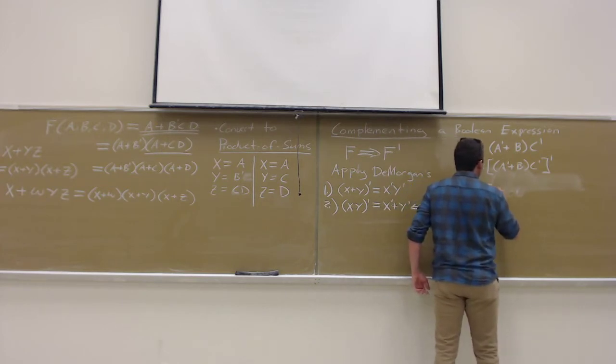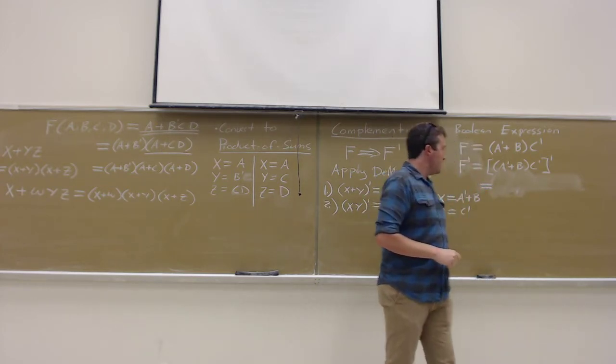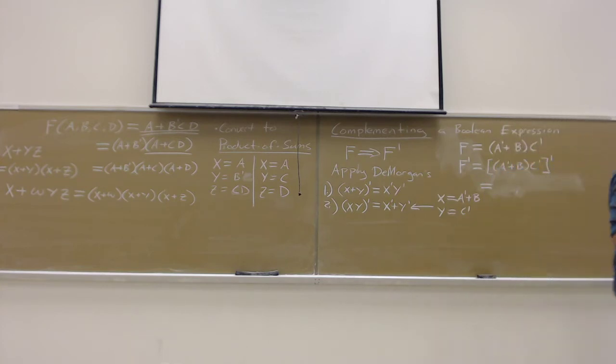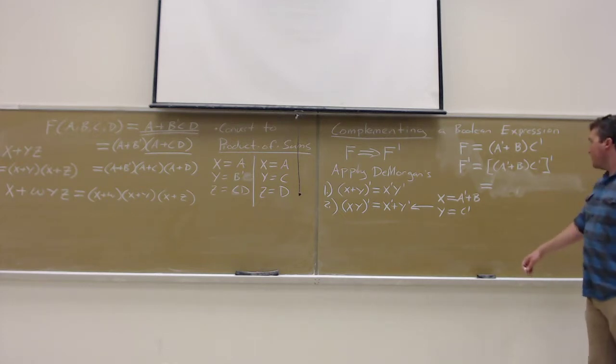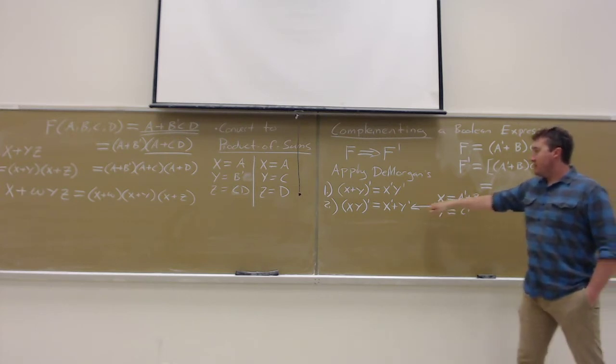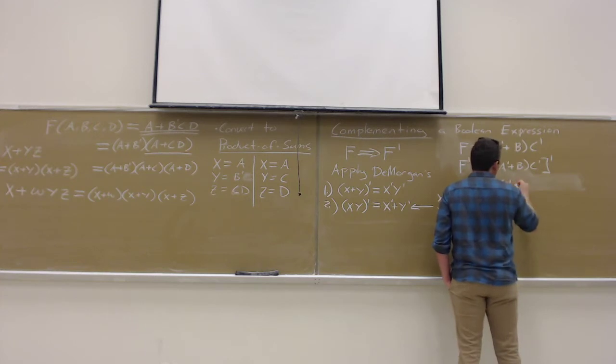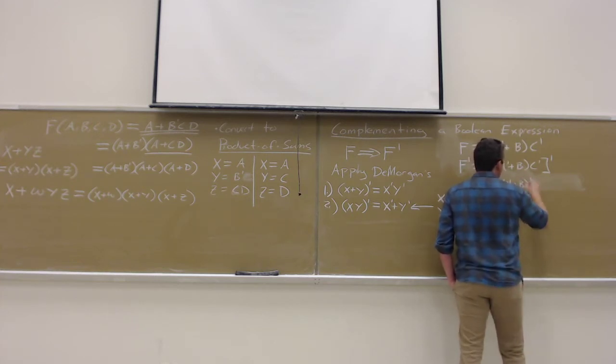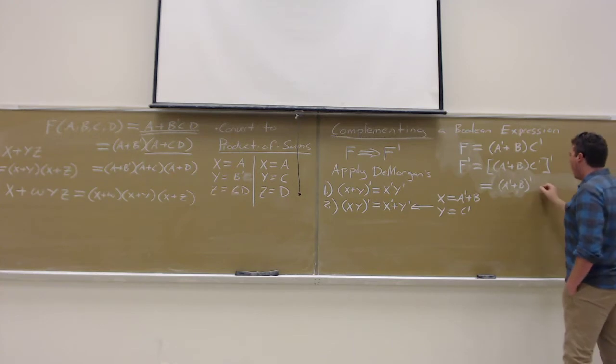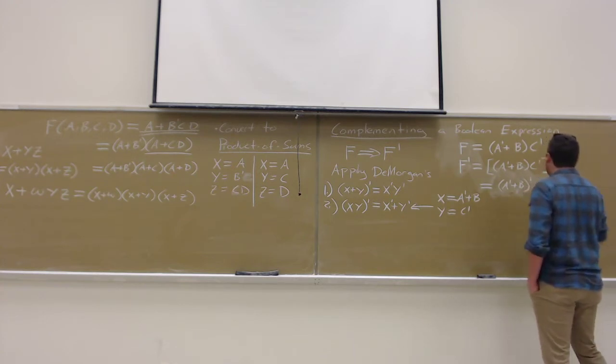So that means f prime now is equal to what? x is a prime or b, and we want x prime or y prime, so it's a prime or b, all that prime, then or c.